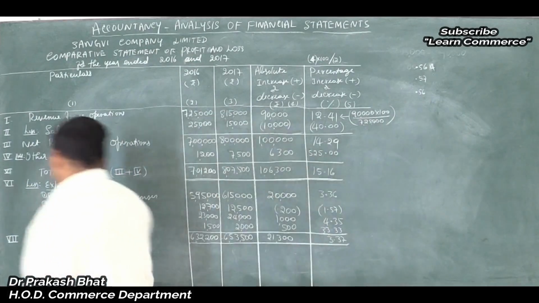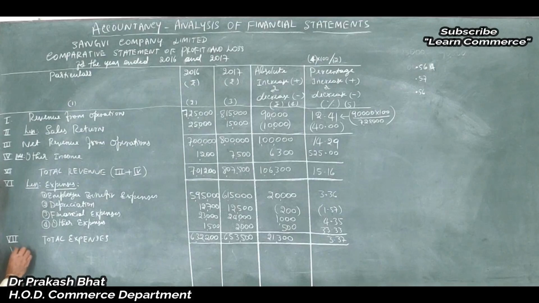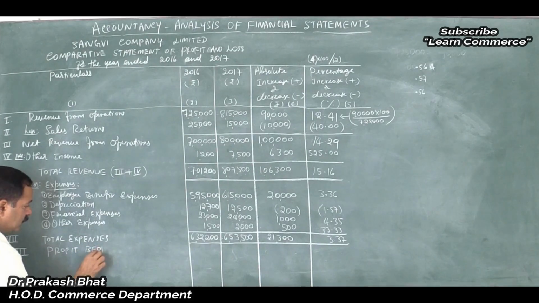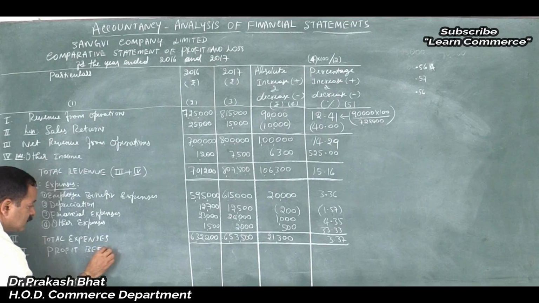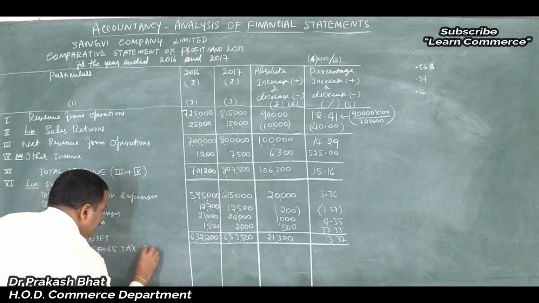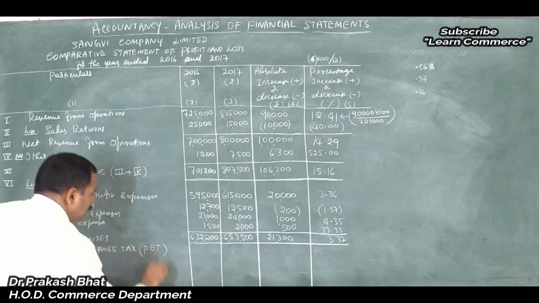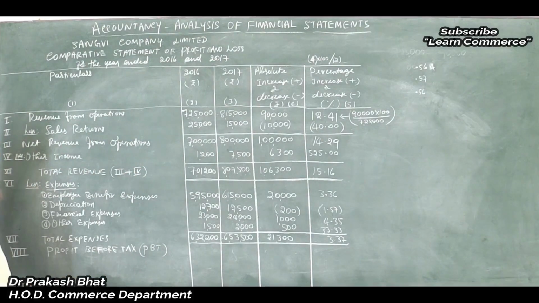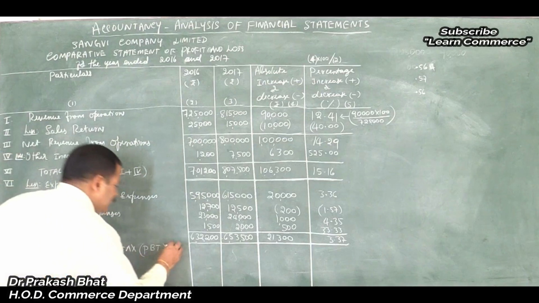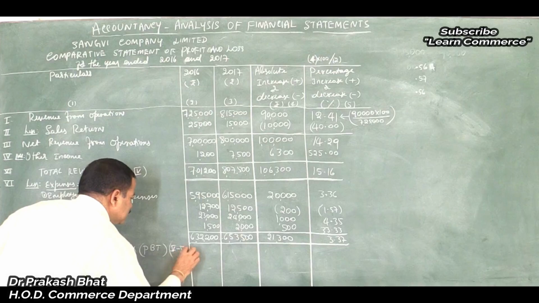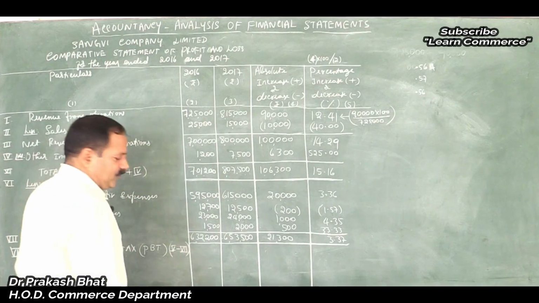So let us take up the 8th one. Profit before tax, or PBT. That is column 5 minus column 7, right? You will get the difference.